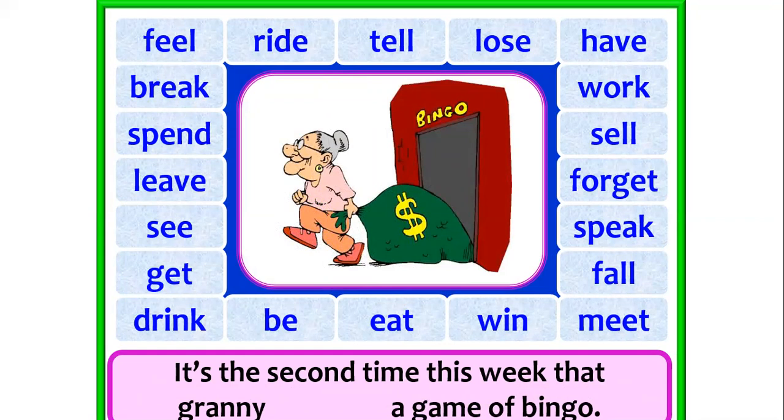We say it's the second time this week that Granny, here is a she, so we would use has. That Granny has won a game of bingo, because the verb is win, and when we change it to the past participle, it becomes won. So Granny has won a game of bingo.